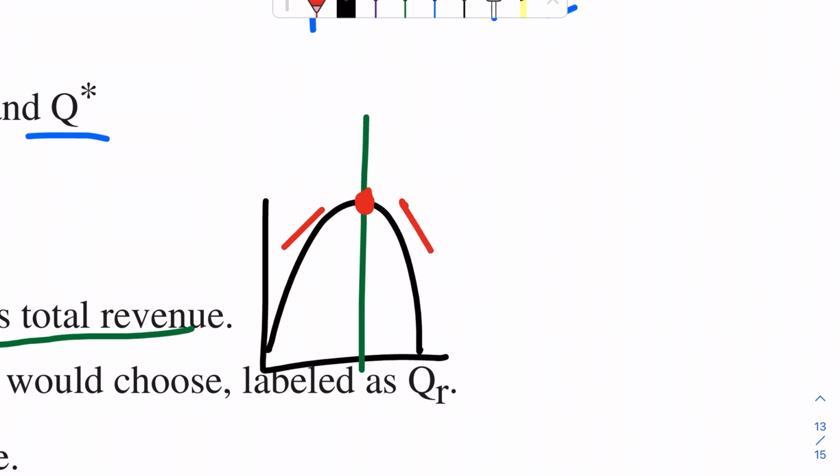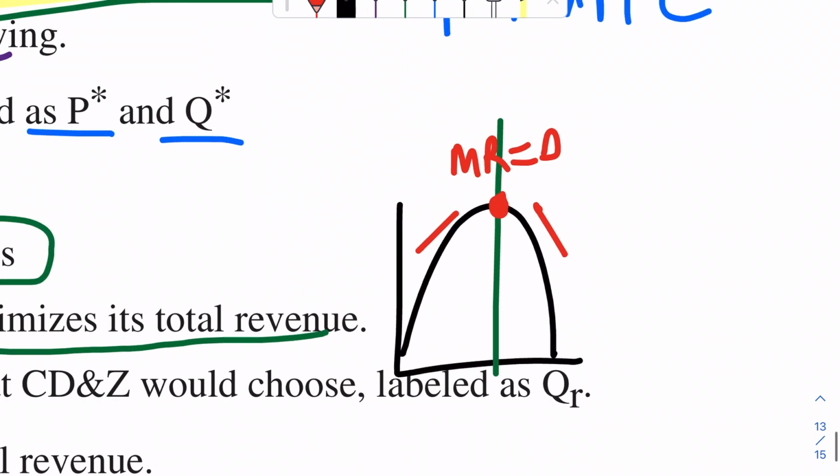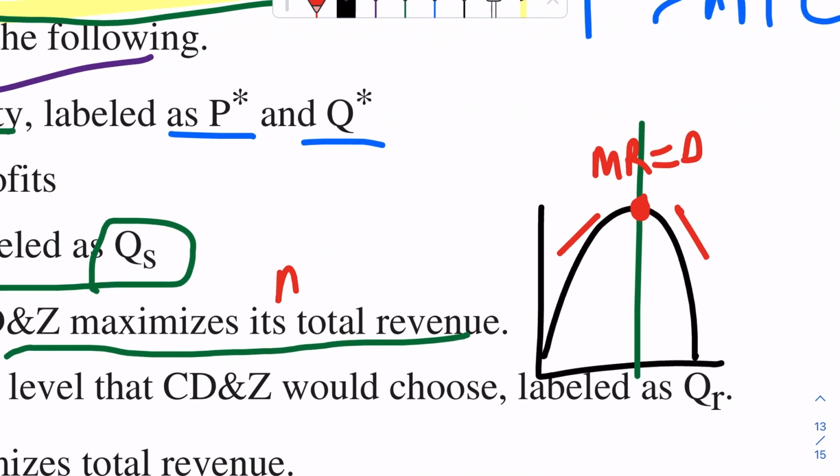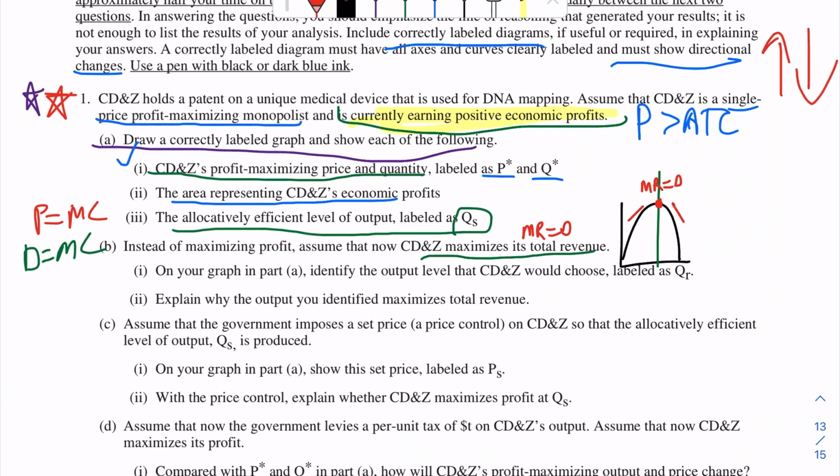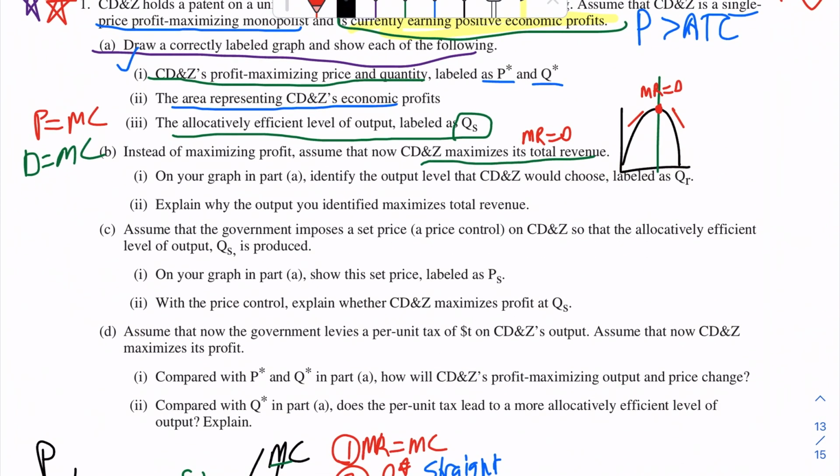So that would mean that your marginal revenue is zero. So anytime you read maximizes total revenue, that is MR equals zero. So on your graph, identify the output level that CD and Z would choose, label as QR.